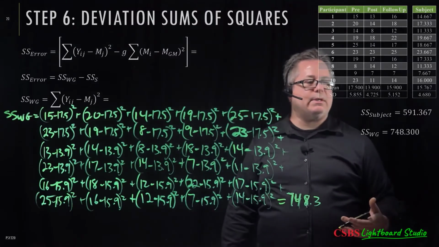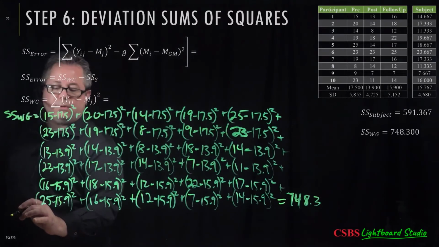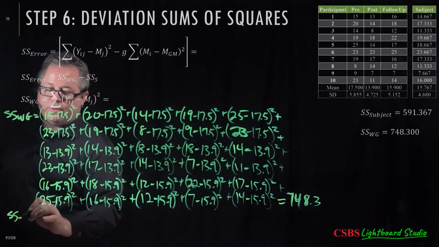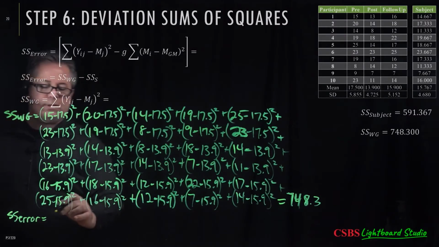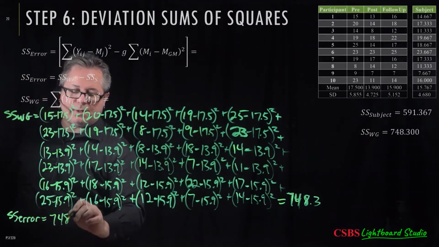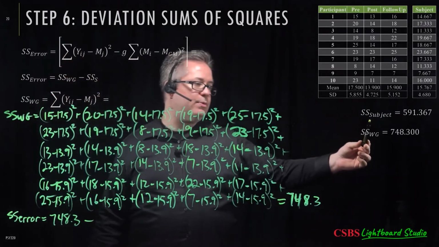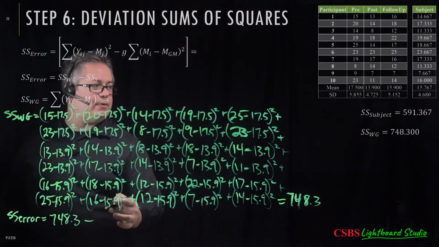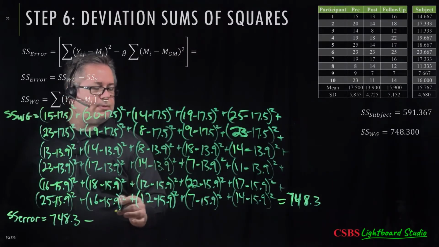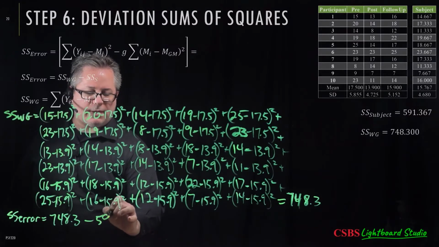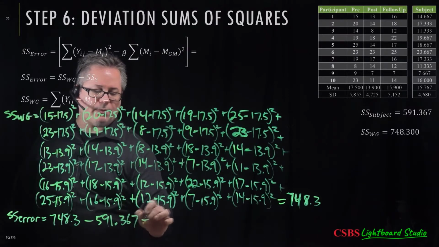So in order to get the sum of squares for error, you're going to take the 748.3 and subtract out the sum of squares for subject we found on the previous thing. If you use the other 17.38, whatever it is, it's fine, but I'm just going to use what I have written down here. 591.367.